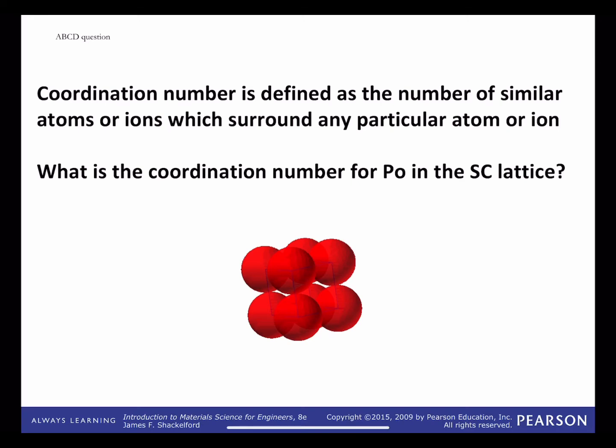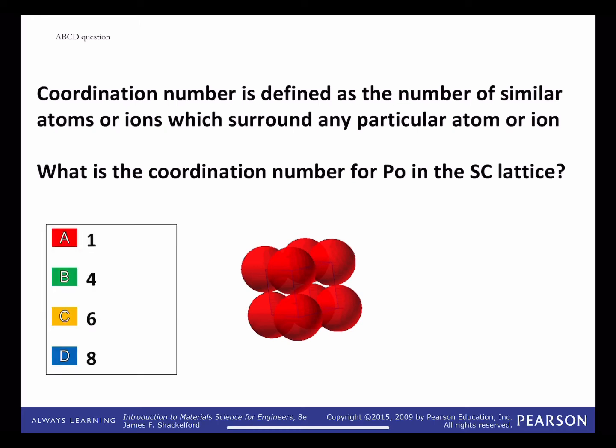And this is a bit difficult to consider when we only look at the unit cell, because we have to think past that to fully understand the number of nearest neighbors around each atom in the lattice. So take a minute to think about that, and provide your answer once you've had a chance. If you need to, pause the video and provide your answer when ready.